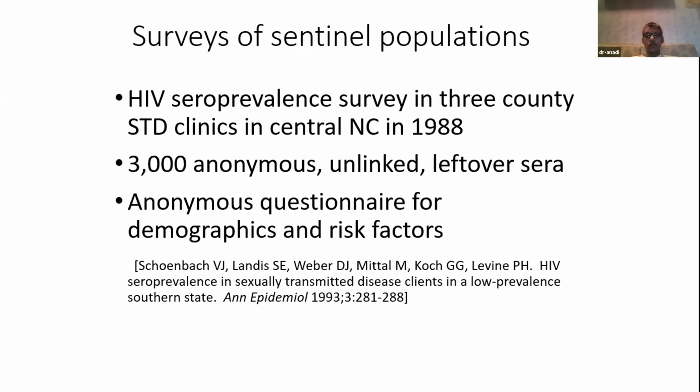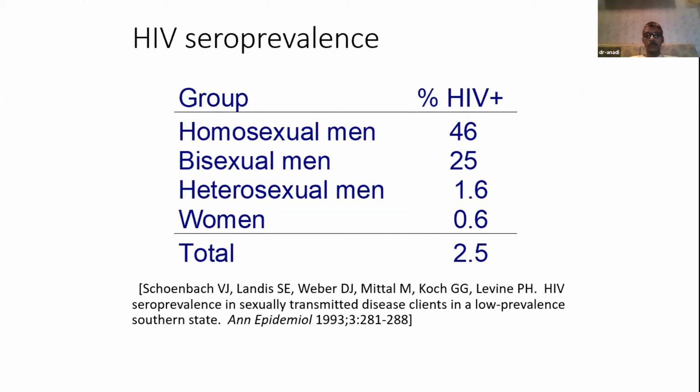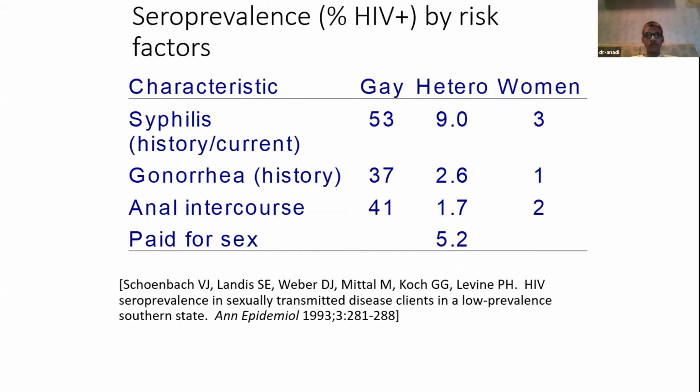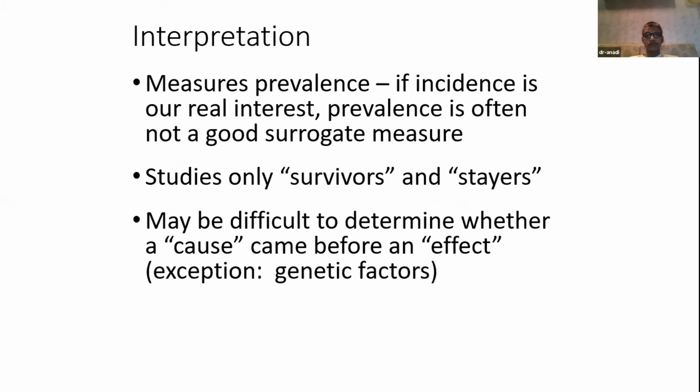An anonymous questionnaire for demographic and risk factors was taken into account, and they were grouped: homosexual males 46%, bisexual 25%, heterosexual women 1.6%, 0.6%, total 2.56% heterosexual men and women. So they have some characteristic features of prevalence by risk factors. Syphilis has the highest risk factor compared to gonorrhea or other things.